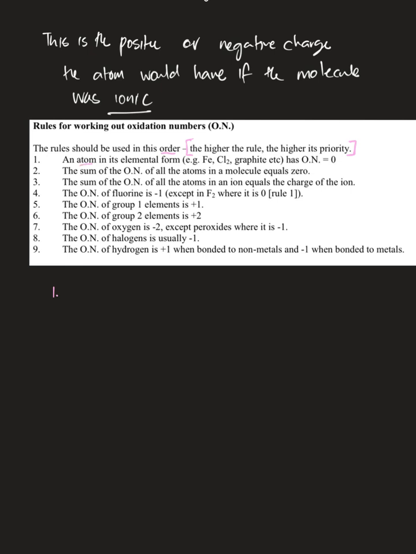The first one says an atom in its elemental form, example Fe or Cl2, graphite, etc., has an oxidation number equal to 0.